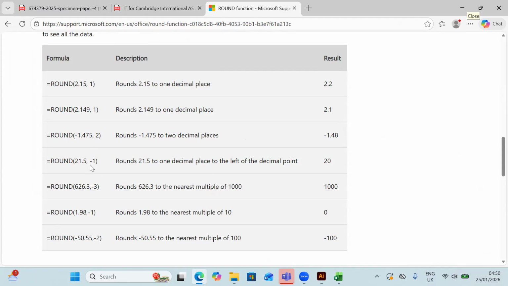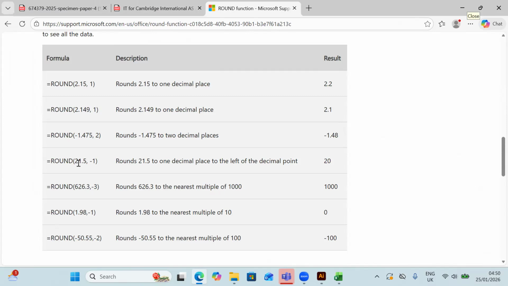Then on this one, now we have a rounding to a negative value. And we said if it's negative 1, we are rounding to the nearest 10. If it's negative 2, we are rounding to the nearest 100. If it's negative 3, we are rounding to the nearest 1,000, like that.